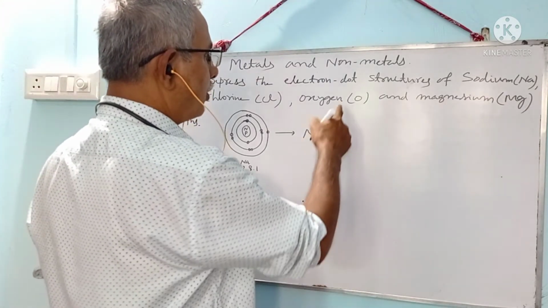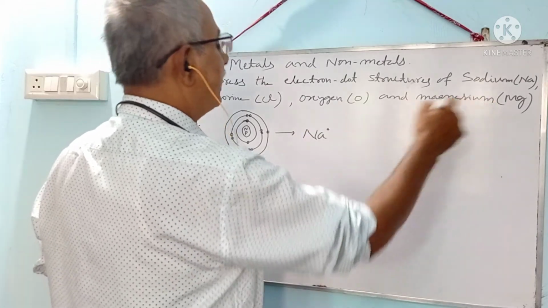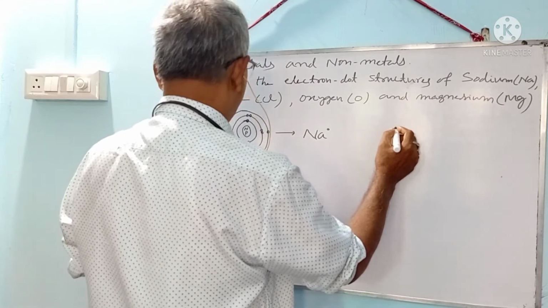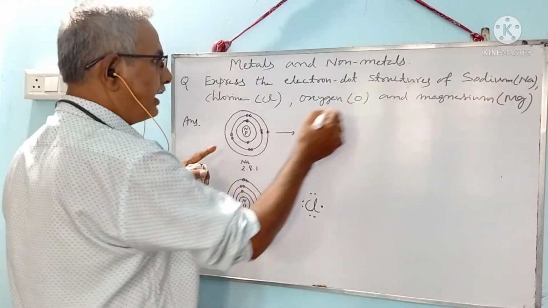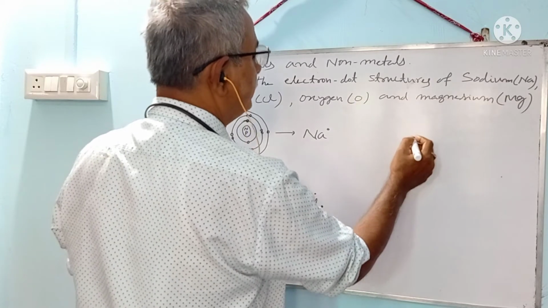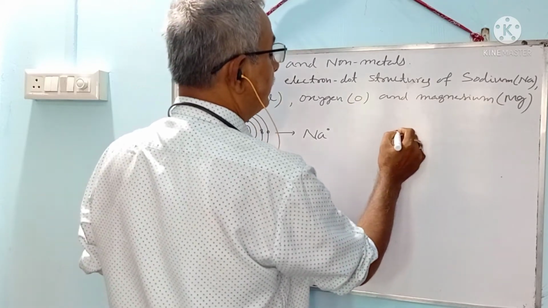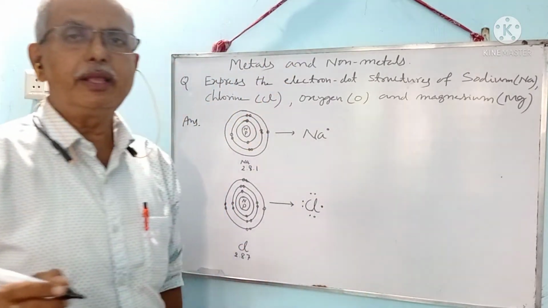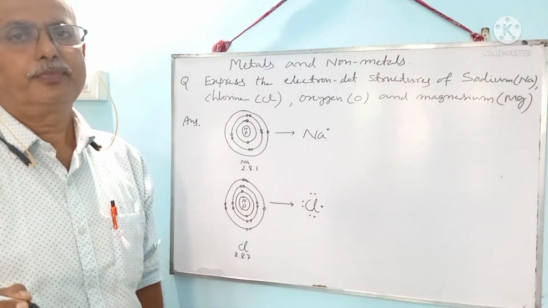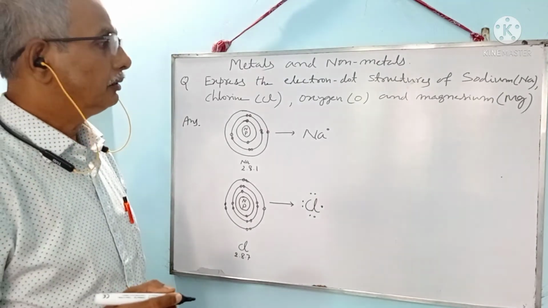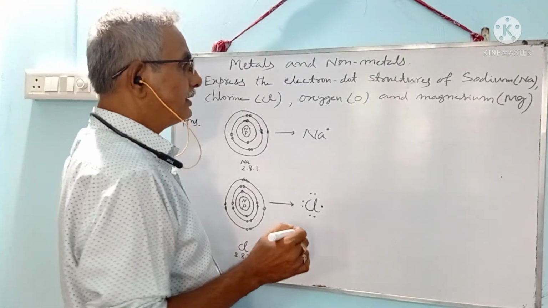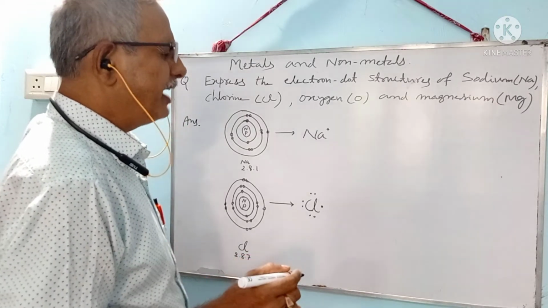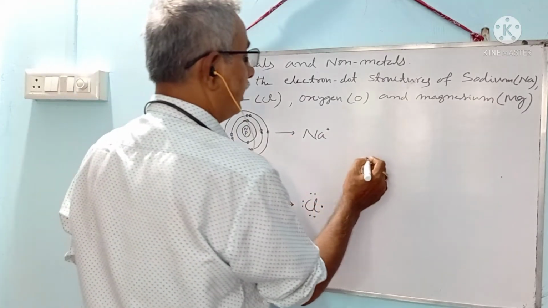Now what is left? Oxygen is there and magnesium is there. You see, we are talking about the electron dot structure of oxygen. Here you see, in the case of oxygen, what is the atomic number? I hope you see what the atomic number of oxygen is. 8 will be there. I think it is 8.